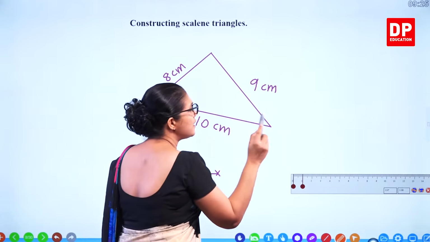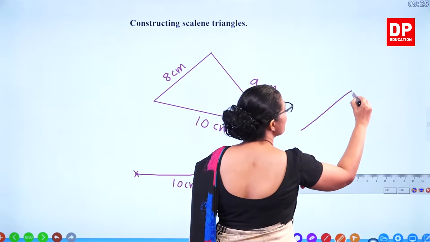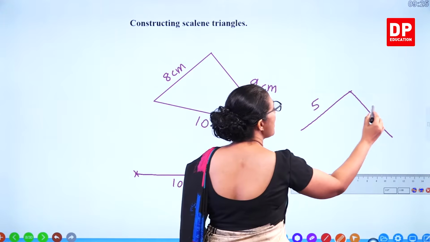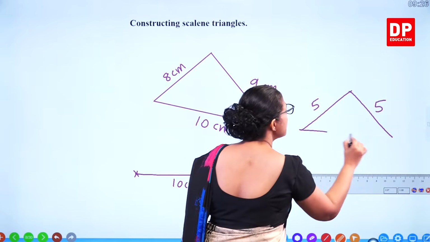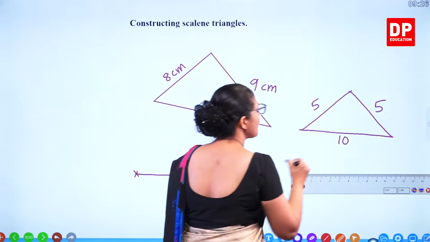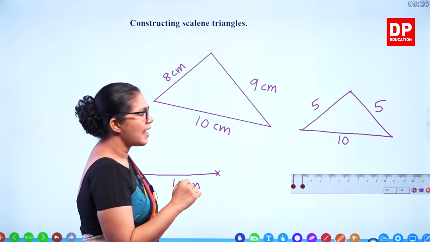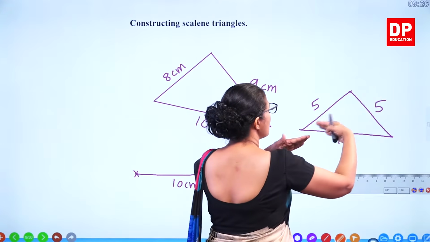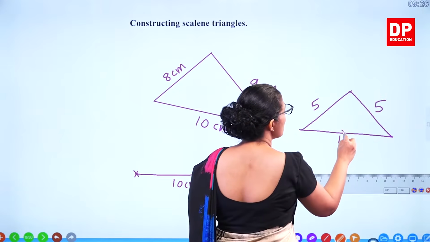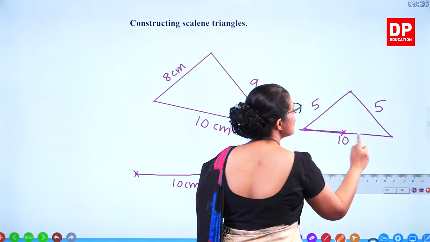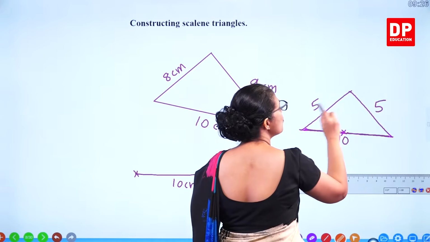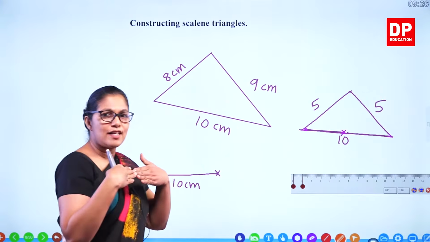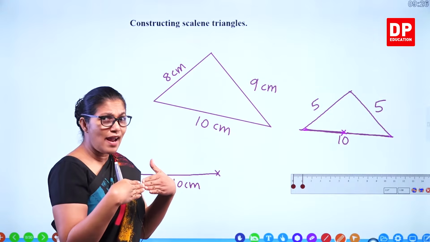If it's equal, think about this is 5 and this is 5 and this is 10. So what do you think? Can we make a triangle like this? So think about 5, 5. So exactly equal to 10. When you add these two, you are getting exactly 10. So that means you are not getting a triangle.